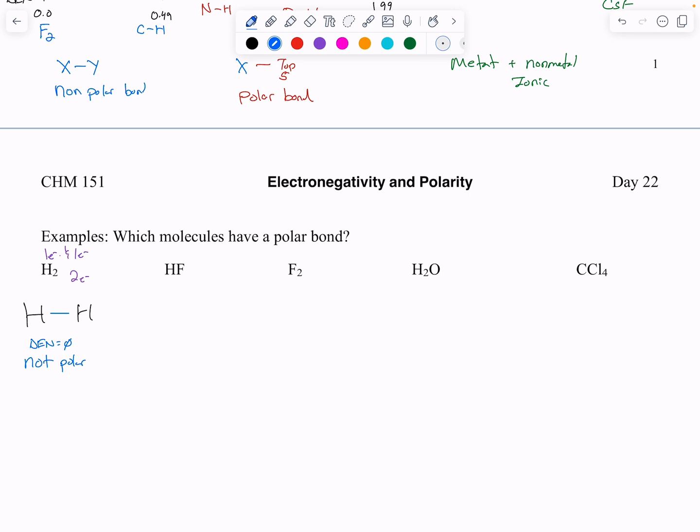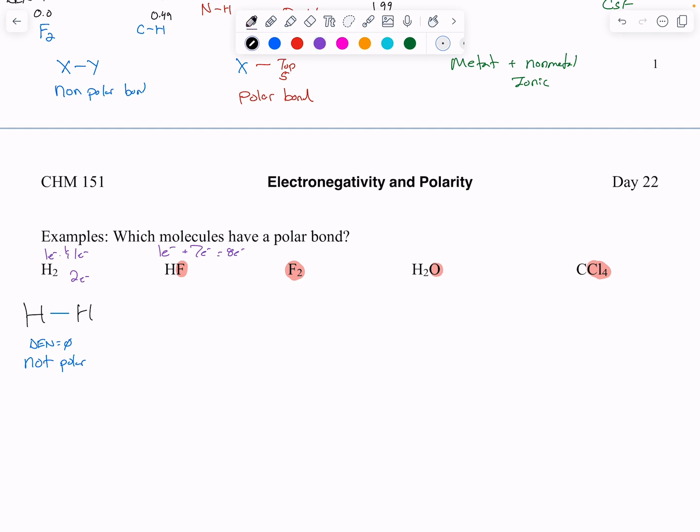HF. Right away, I'm just going to highlight my top 5s. We have 1 electron plus 7 electrons to get 8 electrons.